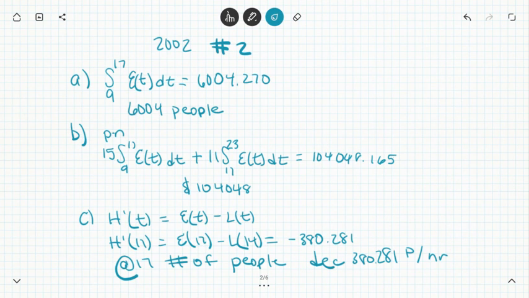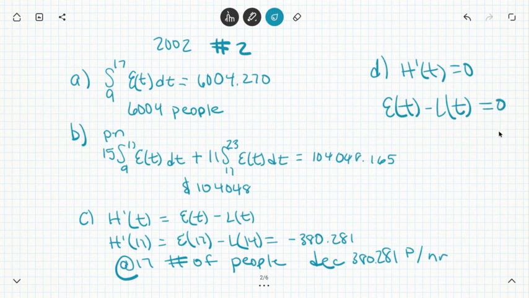And then in part D, at what time does the model predict the number in the park is a maximum? Again, to find a maximum, we're always looking at derivatives, so we just set the derivative equal to 0. Again, it's a calculator question, so what we do is put this equation in the calculator and find zeros.